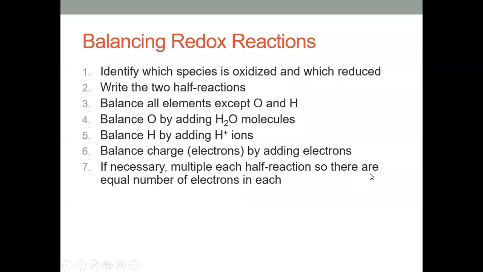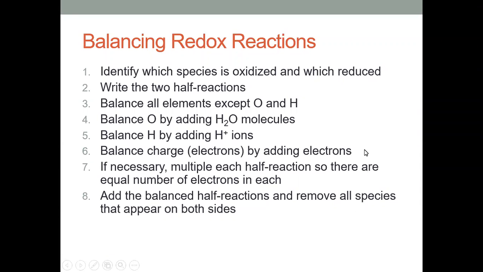We'll show you how to do that. Number 7, if we need to, we can multiply each half reaction separately so that each half reaction, when combined, will have the same number of electrons. And we will find in this balancing that will eliminate the electrons.